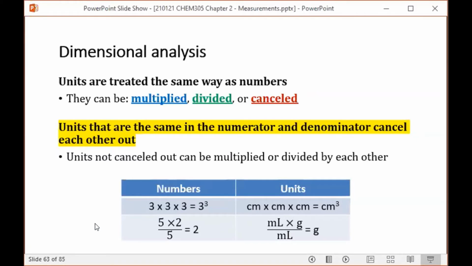Same thing with multiplication and division. With numbers, if you have 5 times 2 divided by 5, the 5s cancel out, and the answer is just 2. We do the same thing with units. If you have milliliters times grams divided by milliliters, your milliliters are going to cancel out on the top and bottom of the fraction, the numerator and the denominator, and the unit you're going to be left with is just grams.